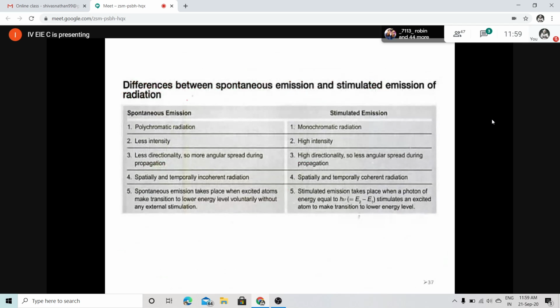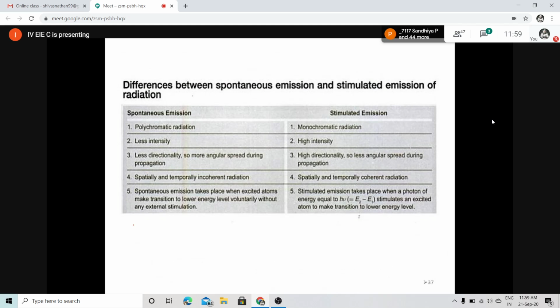Okay, coming to other differences between spontaneous and stimulated emission that you need to know. We talked about the differences in terms of directionality, divergence, monochromaticity, coherence, and intensity.